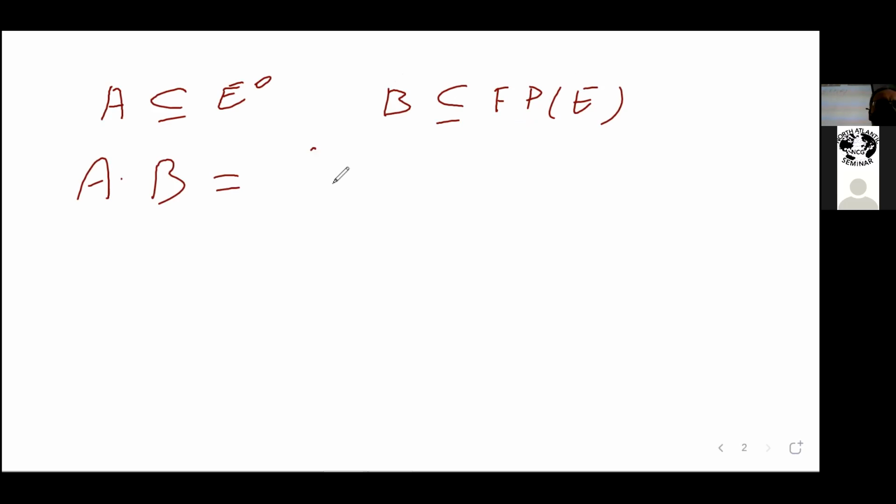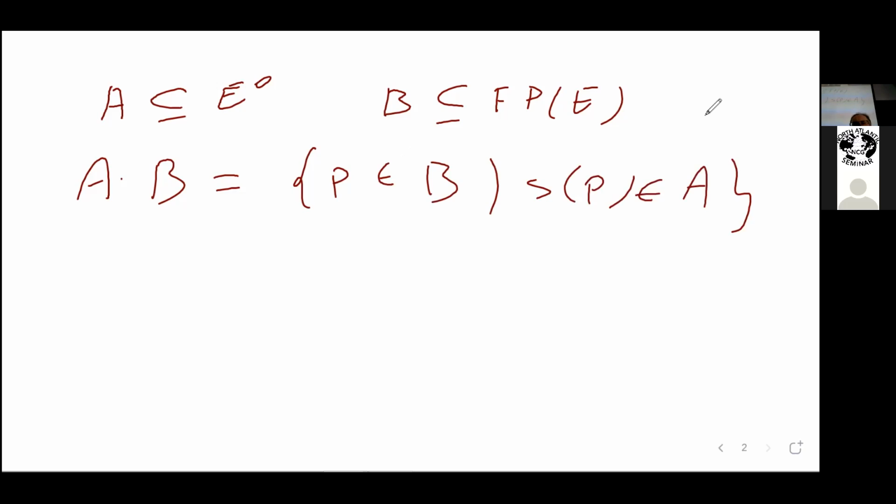These are all P in B with a property where S of P is in A. This is just choosing a subset.